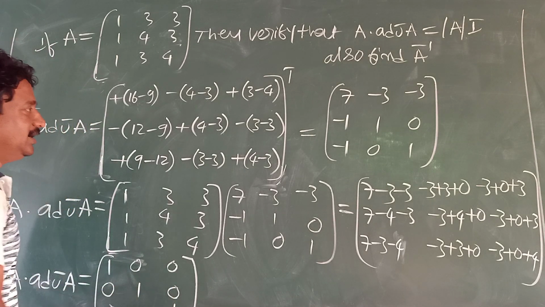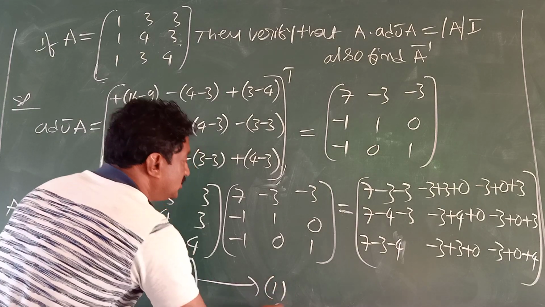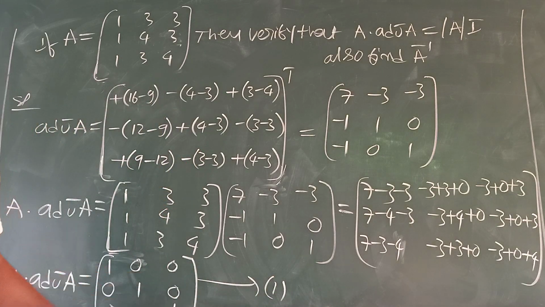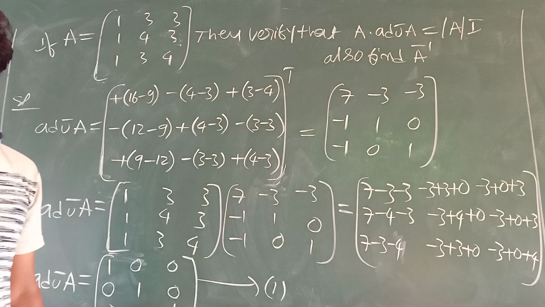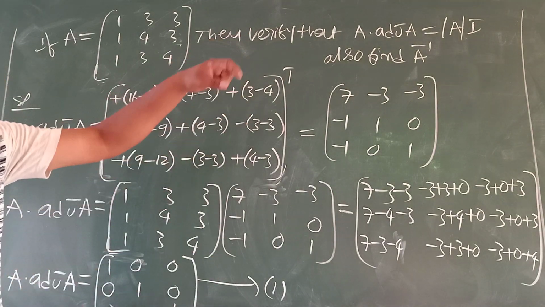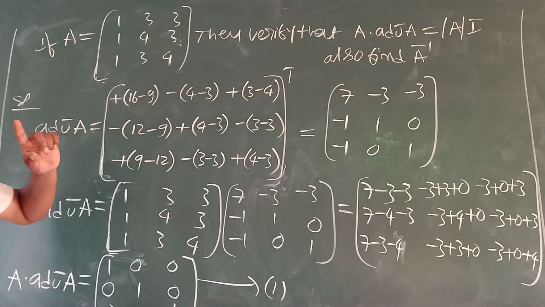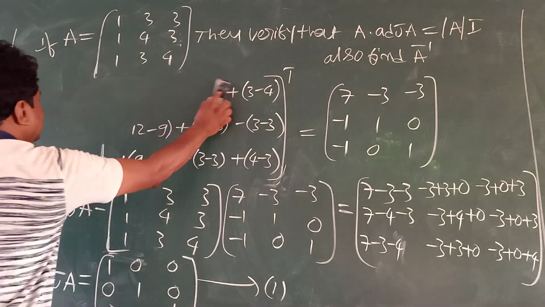So we are getting the identity matrix. Call this equation number 1. Now you go for finding det A into identity, students. Det A. You know how to find out det A.